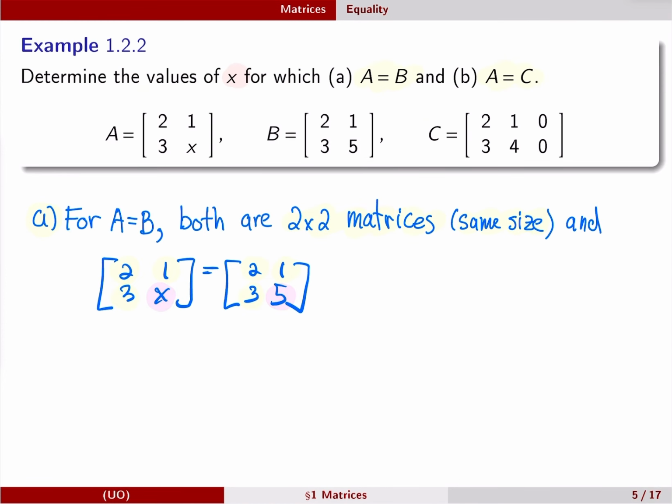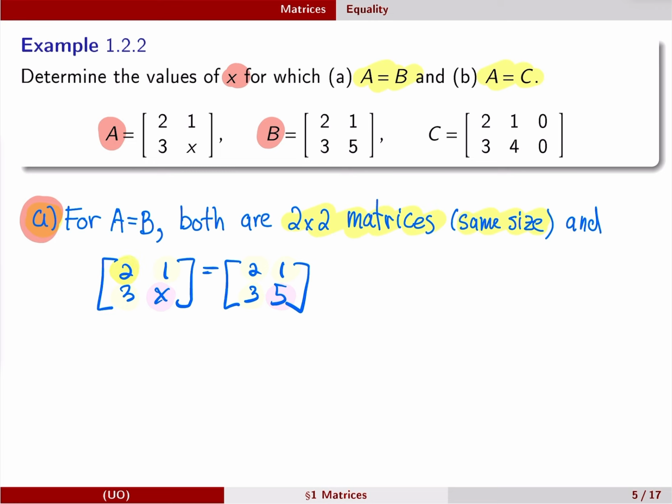Let's look at an example. Let's find, if possible, values of x such that A is equal to B or A is equal to C. Let's do A and B first. We see that both A and B are 2 by 2 matrices, so they have the same size, so they at least satisfy this first condition. But are they equal?